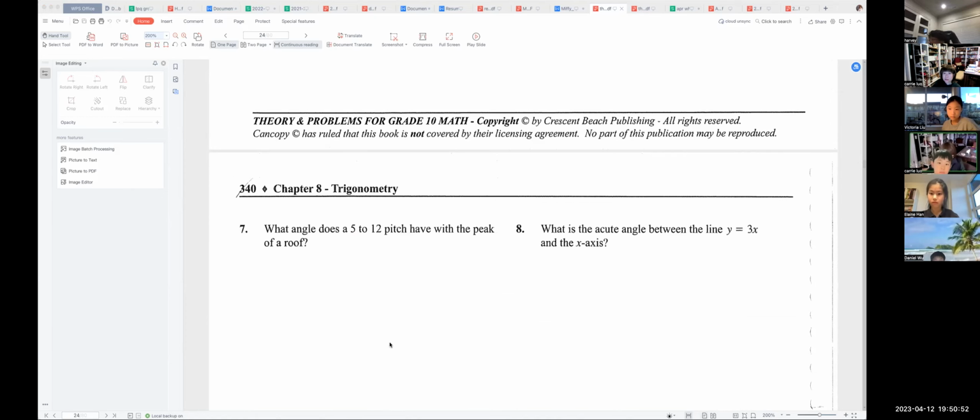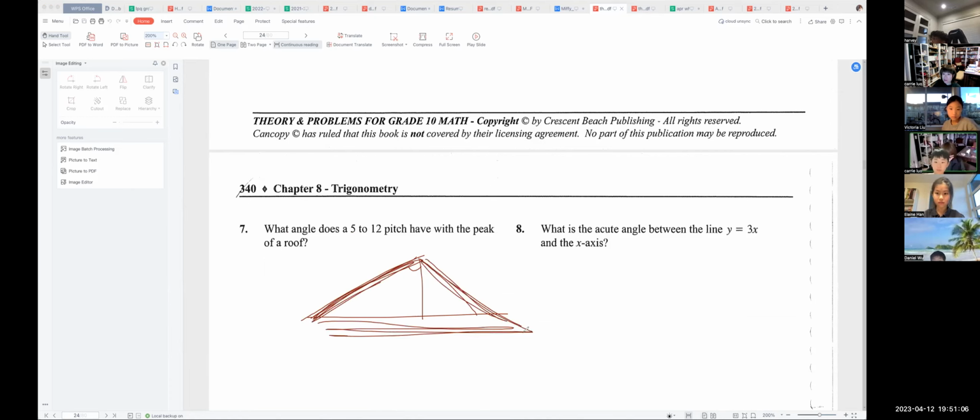So it's talking about this one, correct, Carrie? Because I think that's a roof, right? And this is horizontal. So if they said to the horizontal, it will be this one. But if it is the roof, it's this one. Get it, Carrie?